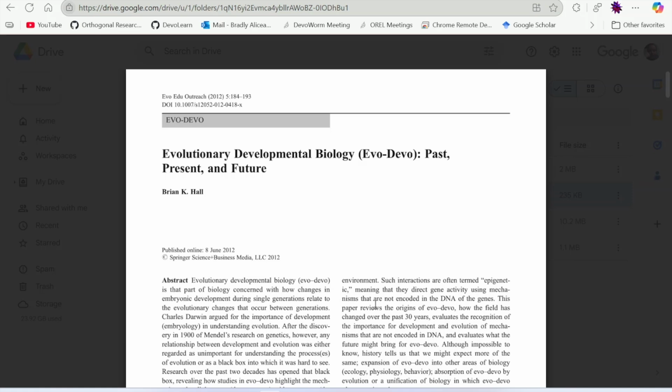Now, it's worth noting that there had always been a tension between Darwinian evolution, or the theory of evolution, and development. Notably, the German embryologists of the 19th century were very slow to take up a lot of the ideas of Charles Darwin. Some of that was because they were working in German and Darwin was working in English. The other part was that conceptually it didn't really fit into what they were doing.